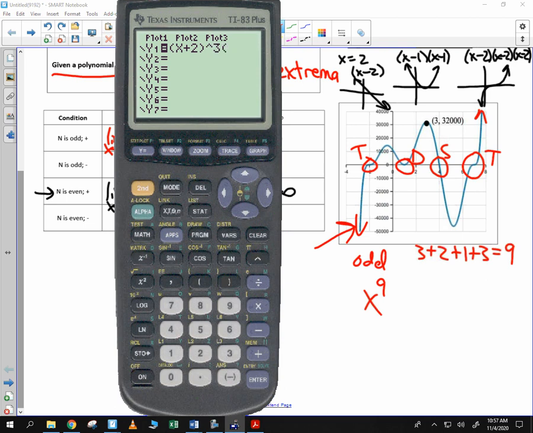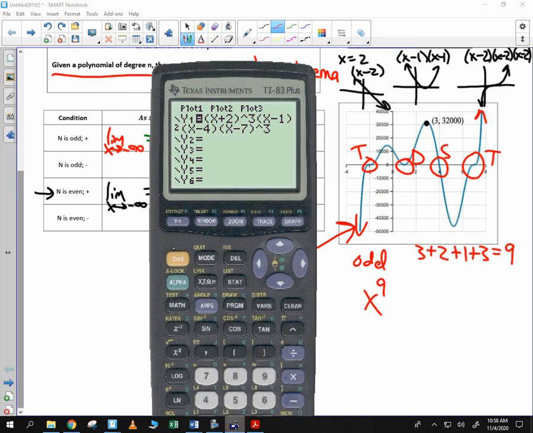Then it goes through 1, so x minus 1 raised to the 2nd power. Then it's going to go through 4, so I write x minus 4. And then it's going to go through positive 7, so x minus 7. It looks like a triple root, so I'm going to raise that to the 3rd power.